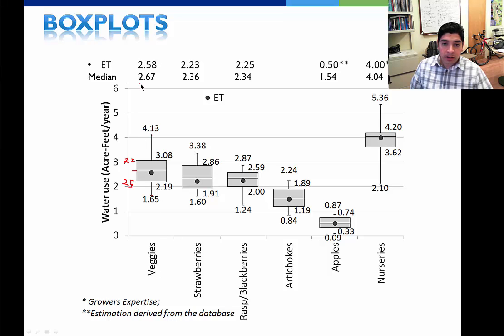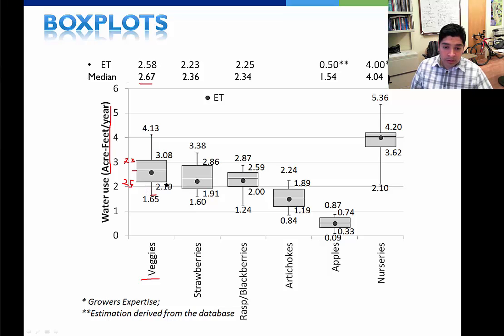For a farmer growing vegetables in Pájaro Valley, sometimes the minimum value that they use is 1.65 acre-feet per year in their field.